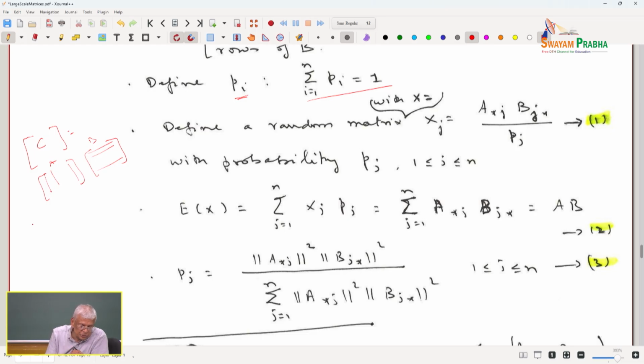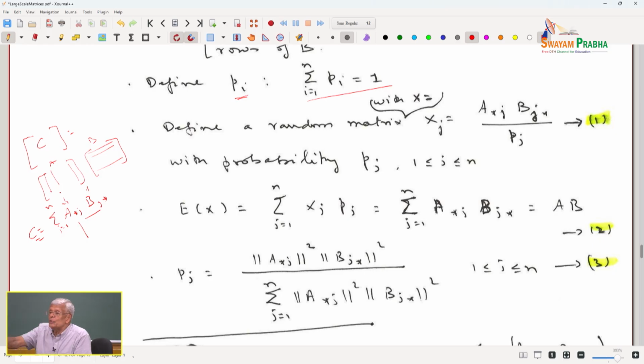So, you should be able to express C is equal to summation A star j B j star, j is equal to 1 to n. This is the column, this is the row, an outer product. I am picking all the columns and all the rows. So, C is the sum of n outer product matrices. So, I am simultaneously introducing three methods for computing the matrix product: element wise, column wise, and as a sum of outer product matrices.